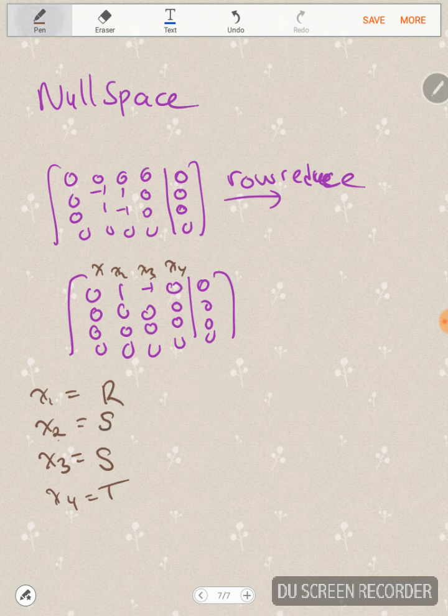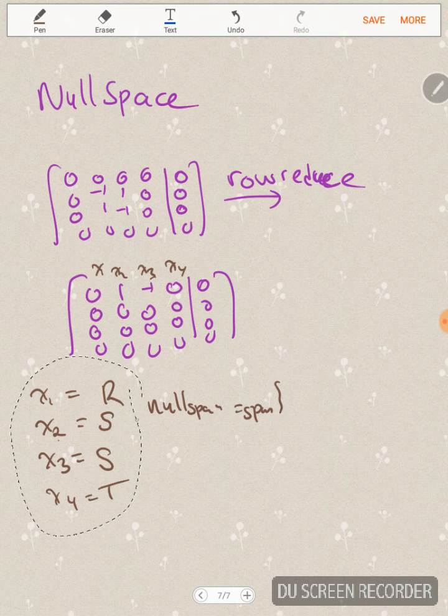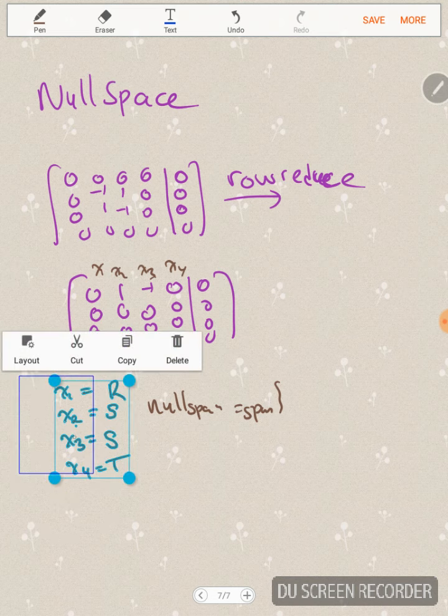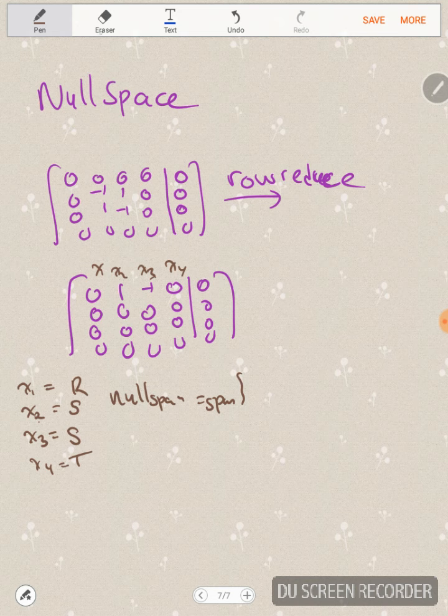And if I want to write that in terms of the null space, it equals the span. I'm trying to shrink things, and the library is closing, so I'm trying to do this quickly enough to pass on the information. Okay, let me take a step back.